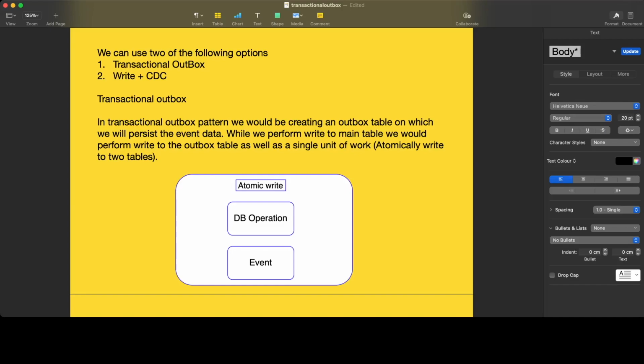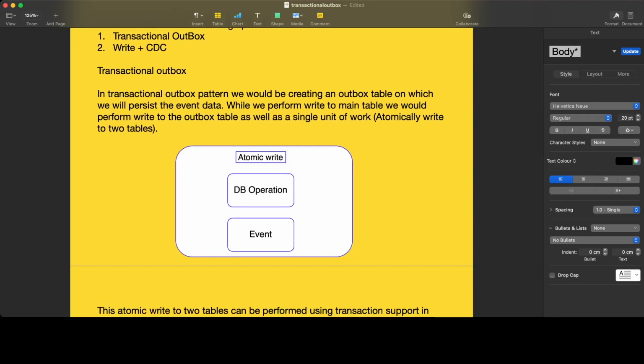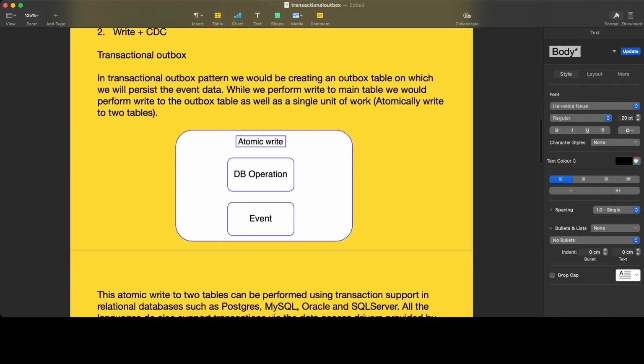For example, we are writing order data which contains the order number, the cart ID, the customer detail, order total, the payment status, and so on. The outbox table will also contain similar data which is required for eventing out. So we will have two tables. While performing the write on the main table, we would also perform the write on the outbox table. One is the main table as well as the outbox table.